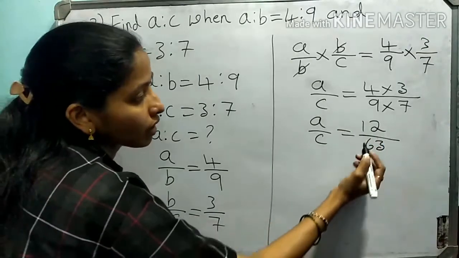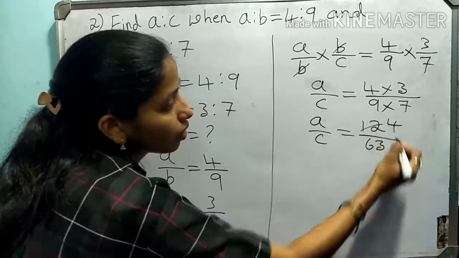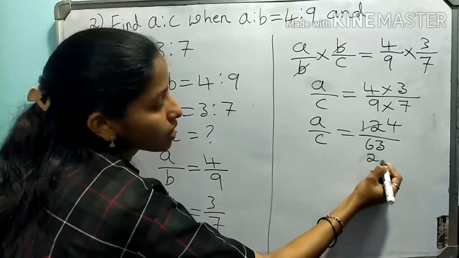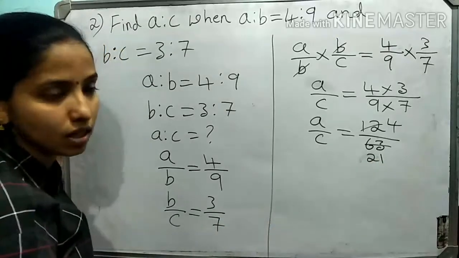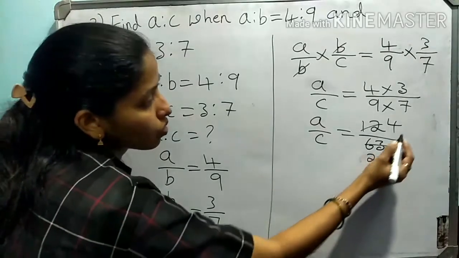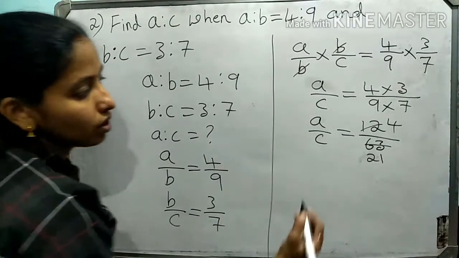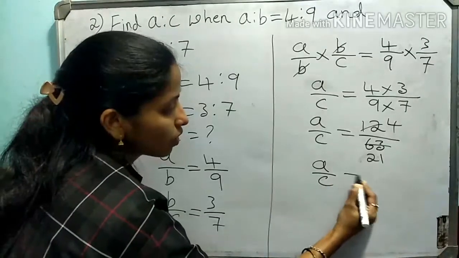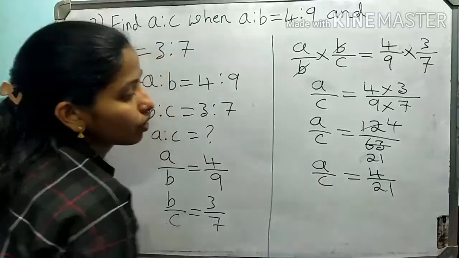So here common factor is 3. So 3 4s are 12, 3 2s are 6, 3 1s are 3. So 3 21s are 63. So 4 by 21. We can't simplify further. So A by C is equal to 4 by 21.